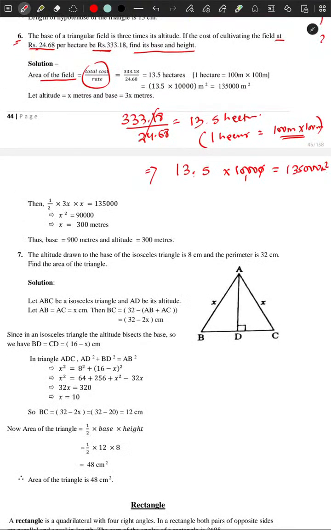Then let altitude be x meter and base be 3x meter.